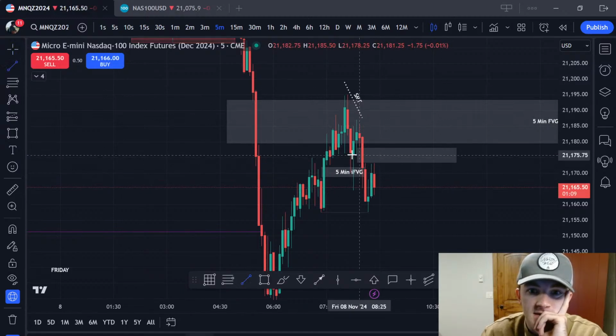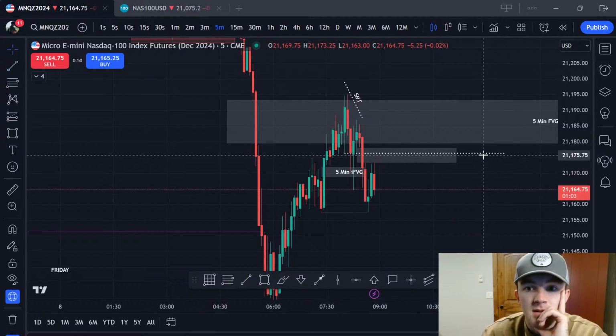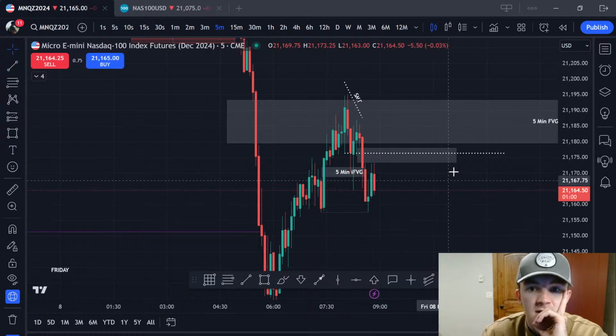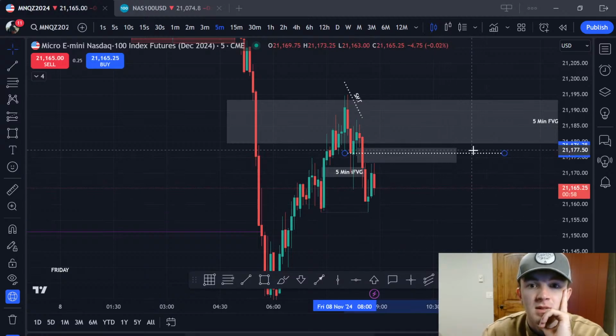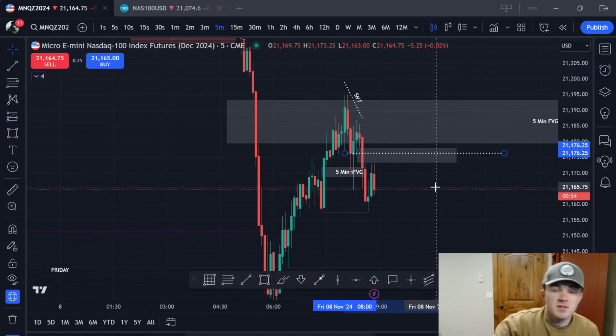Honestly, I want to see us retest this CISD. I actually might just enter on that CISD. I think that's the easiest way to do it.